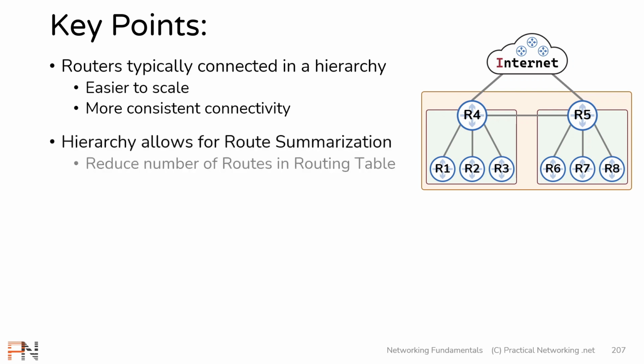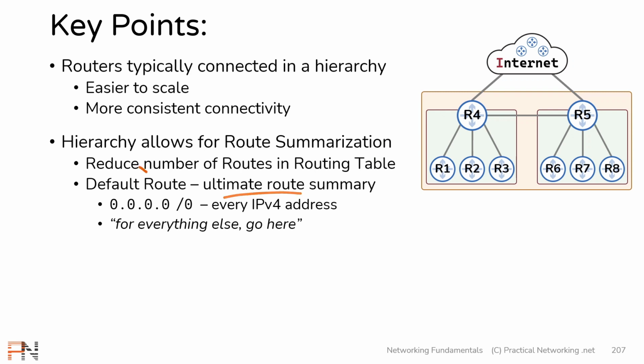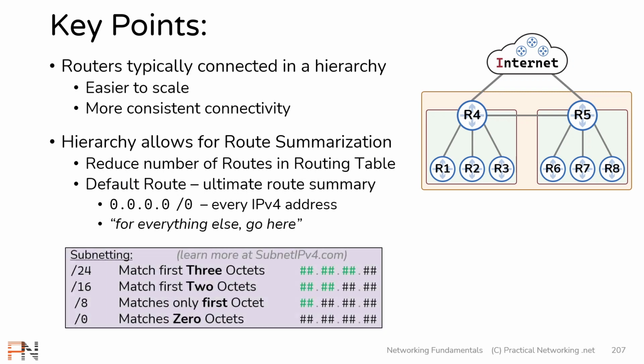Plus, the hierarchy allows for clever route summarization, which will reduce the number of routes you need in a routing table. And we also discussed the ultimate route summary known as the default route. And we gave you a brief glimpse into some subnetting concepts as we define what a /0, /8, /16, and /24 are. In the next lesson, we'll discuss the idea of networking protocols and introduce you to 8 common protocols used all over the internet.